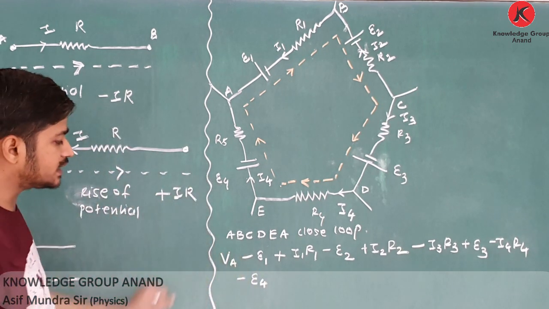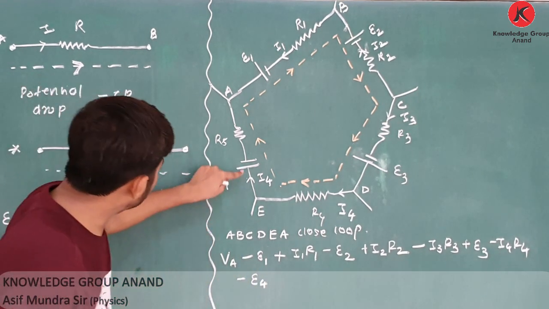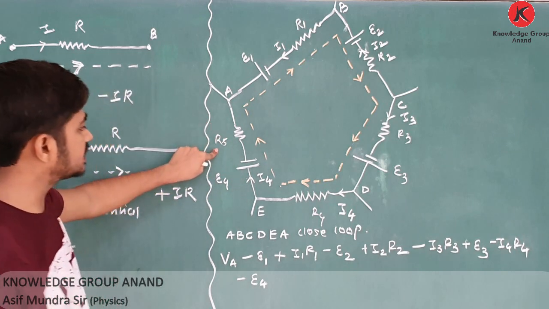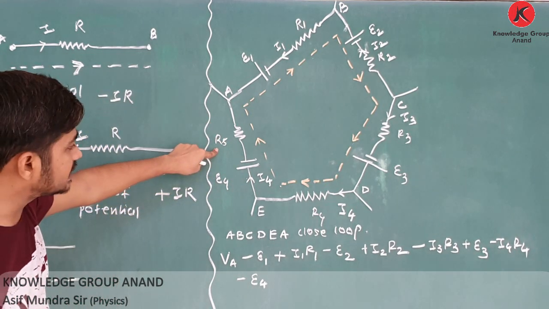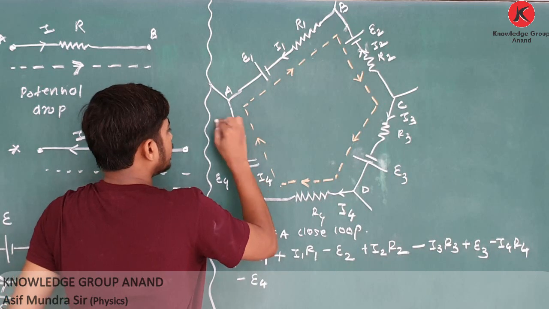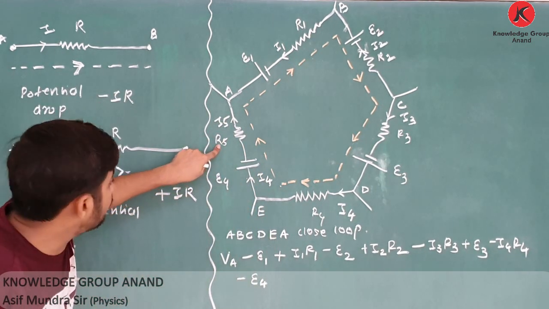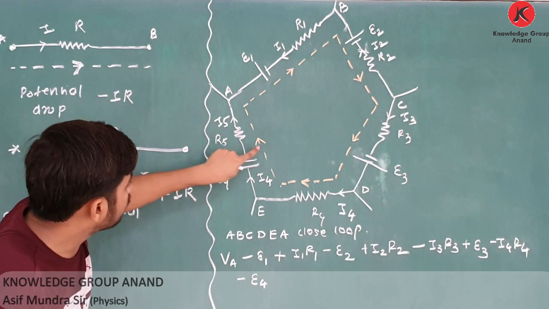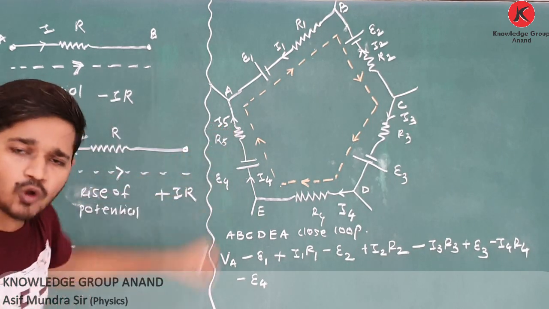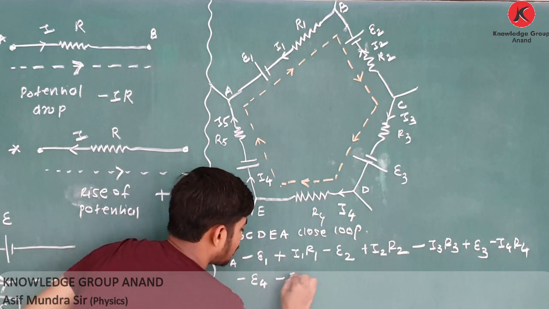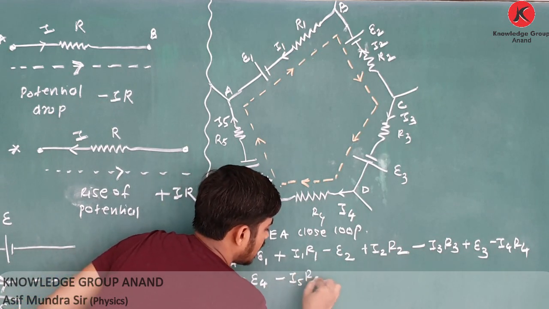Last one is resistance R5. Let the current flowing be I5 in this direction. We are moving in the direction of current, so obviously there is potential drop I5 R5.